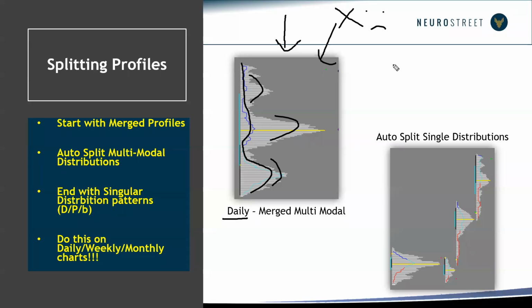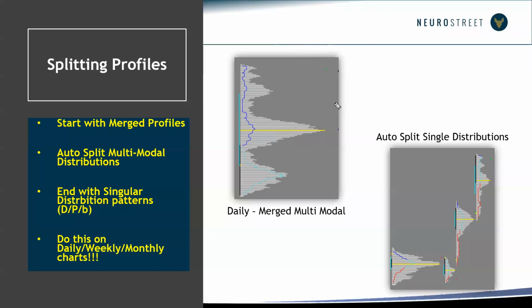So what our software does, and this is what produces one of the most important edges in our trading system from a top-down perspective, is we take fully unbalanced analysis and we auto split it. We take a profile and turn it into 1, 2, 3, 4 profiles, okay?